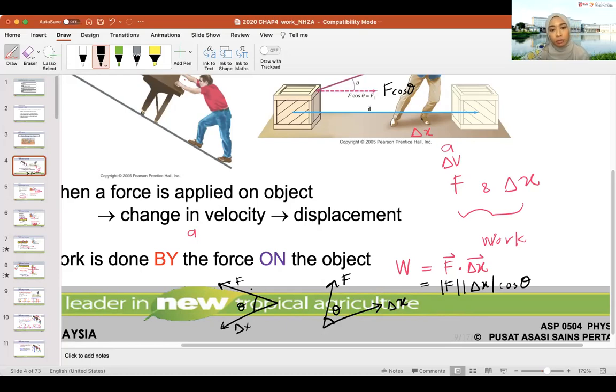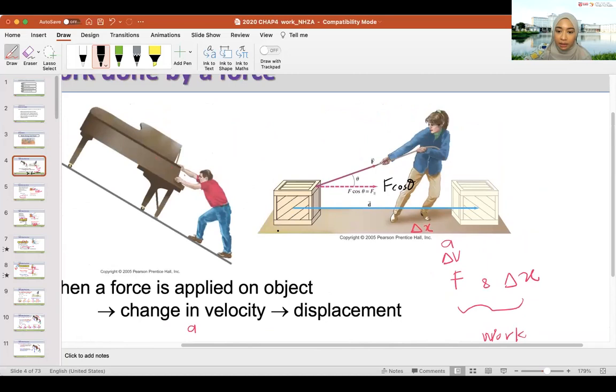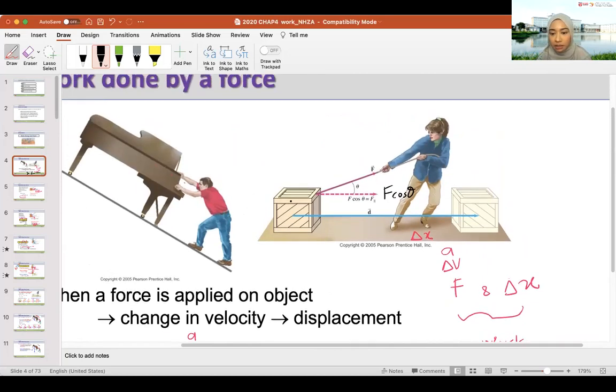But in this case, our motion is most likely to be in the x-axis, because it's the motion of an object. So we are going to say that displacement is typically in the x-axis. Therefore, the angle between force and displacement is going to be with respect to the x-axis. But actually, when we talk about dot product, we are just concerned about the angle between the two vectors.